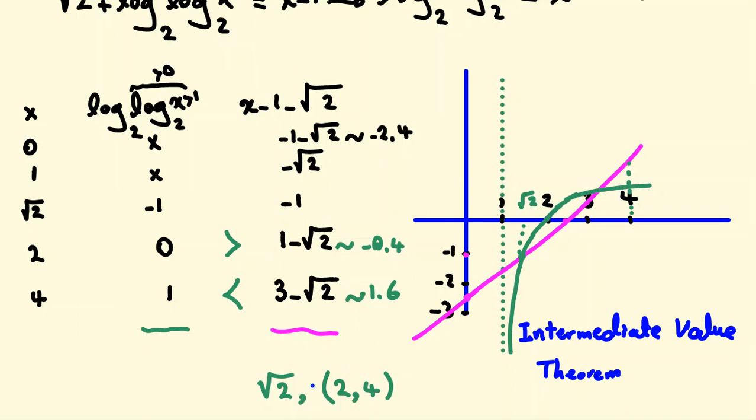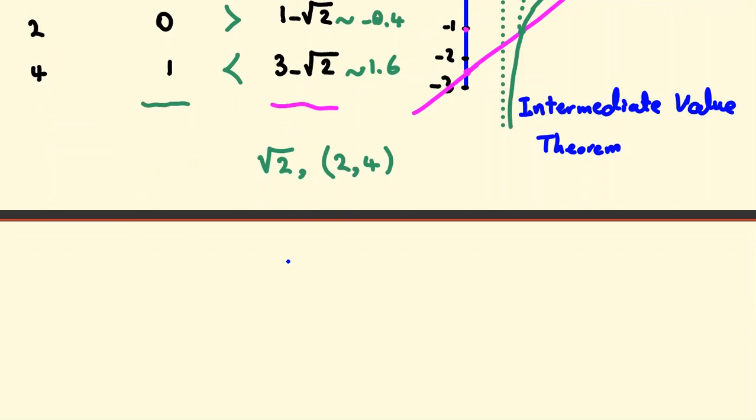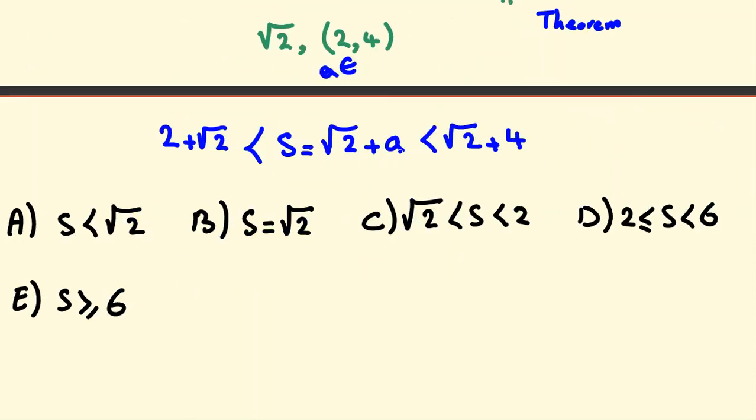So here we say, okay, one root is this, one root is this. So S is what? S is root 2 plus a, that is this interval plus a. So we can say it is greater than 2 plus root 2 and is less than root. Okay, S is the sum of these two roots. The choices are this. So 2 plus root 2, this one.